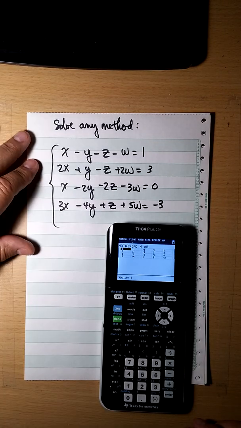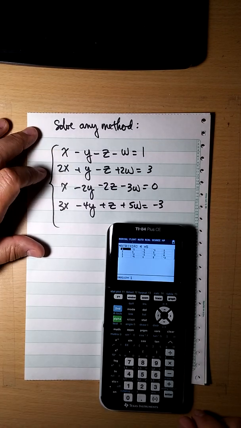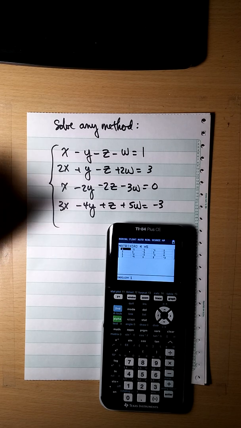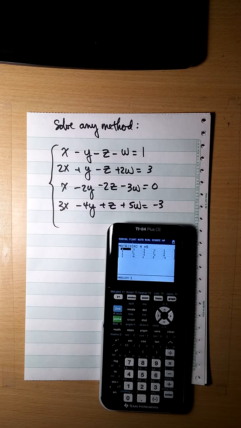So we're going to find 4 variables, x, y, z, and w. But this is a little bit difficult. You can't really think of this as 2 lines that are crossing or 2 planes that are crossing in 3 dimensions. This is a 4th dimensional type of problem that you may never need, but your calculator can do it for you.